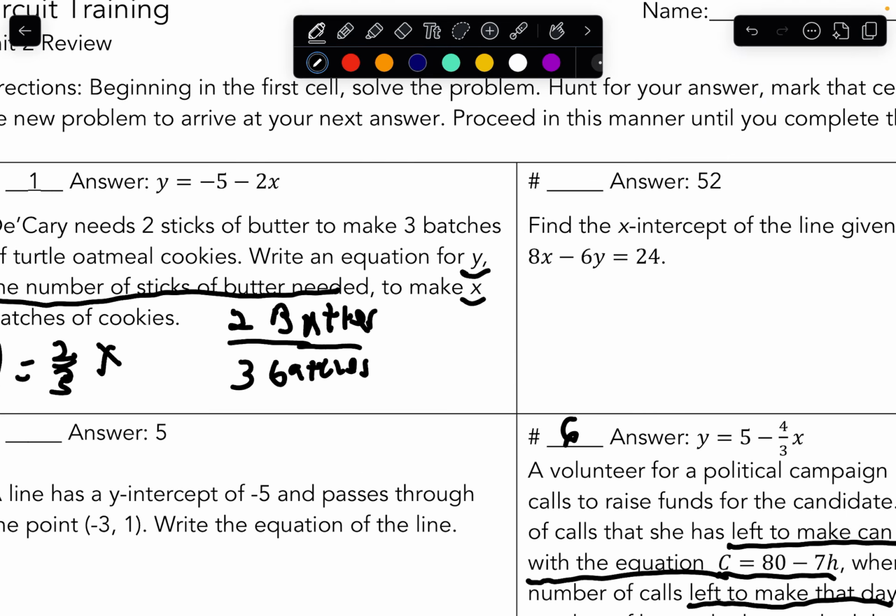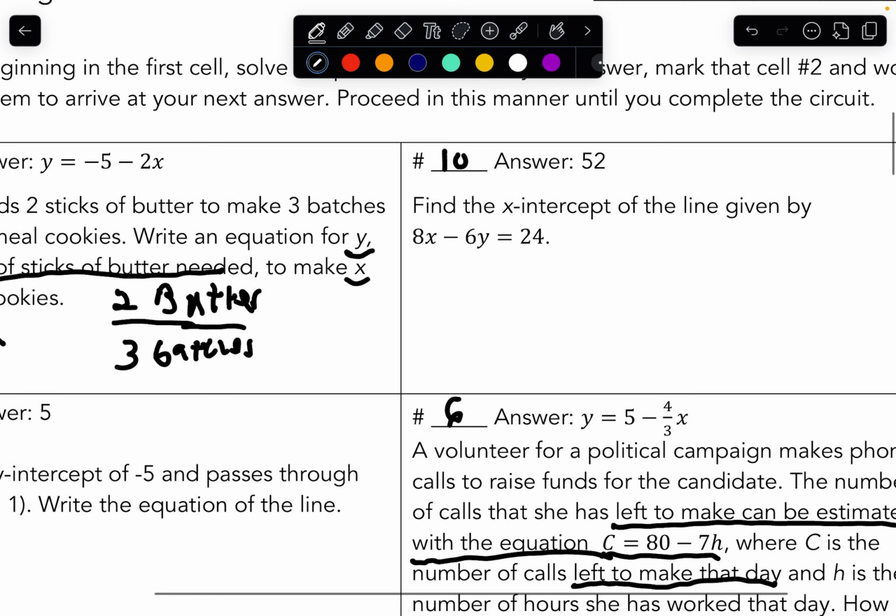This is problem 10. Find the x-intercept of the line given by this equation. Remember, when you're given standard form, the quickest way to graph it would be to let x equal 0 and solve for y. That would be the y-intercept. They want the x-intercept.